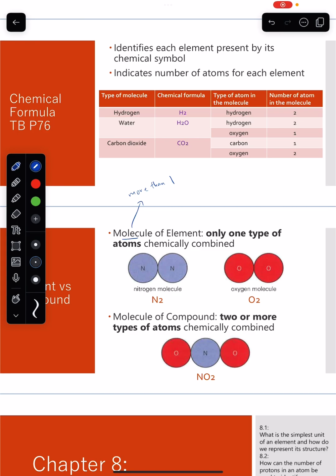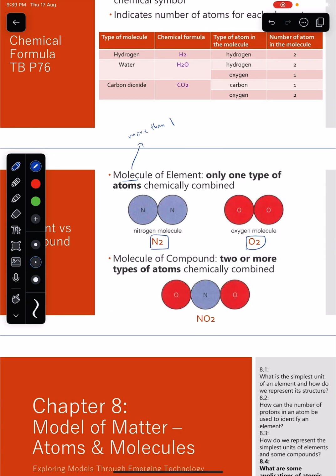That's why you can see here N2. This is more than one. You've got two, but you only have one symbol, nitrogen. O2, same. You have more than one. You've got two O, but it's still one kind of element, oxygen. So that is molecule of element.